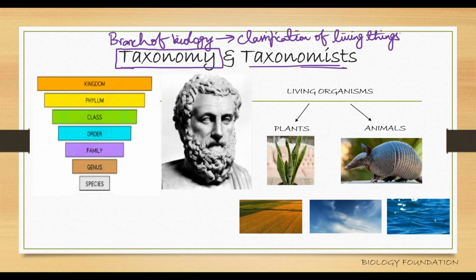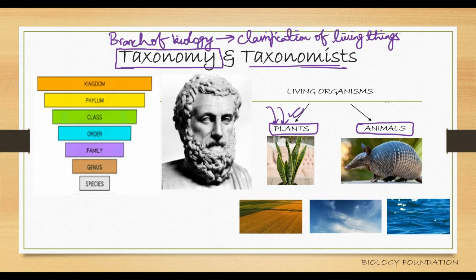Now, initially, all the living organisms present on planet Earth were, for the first time, classified into two major groups, that is, plants and animals. How were they classified? Those organisms that can prepare their own food were all kept in plants.